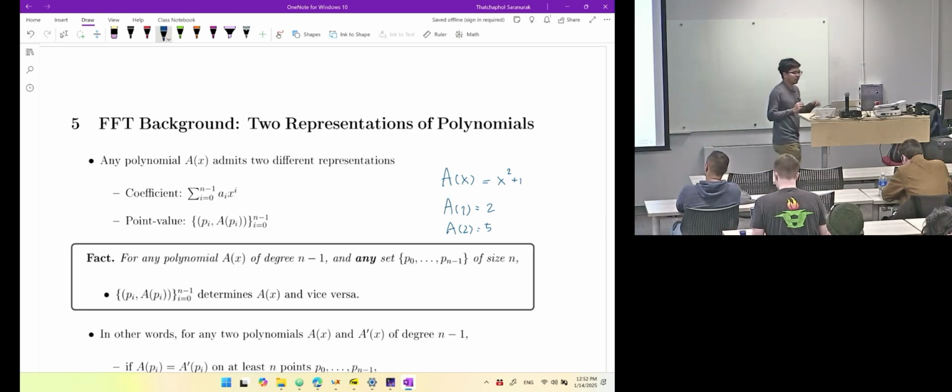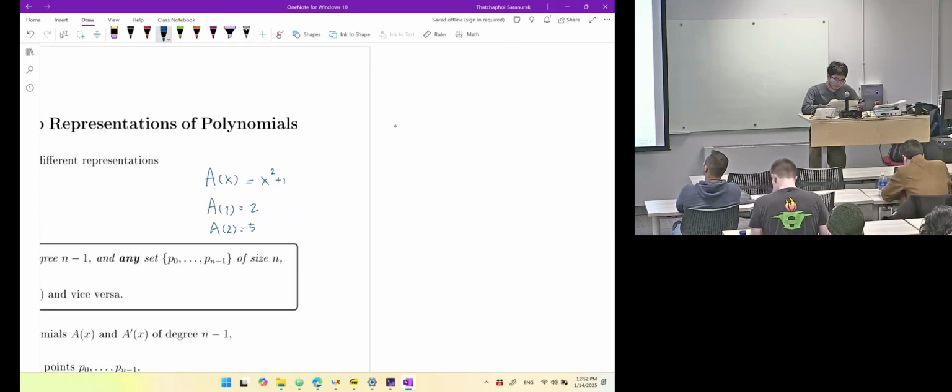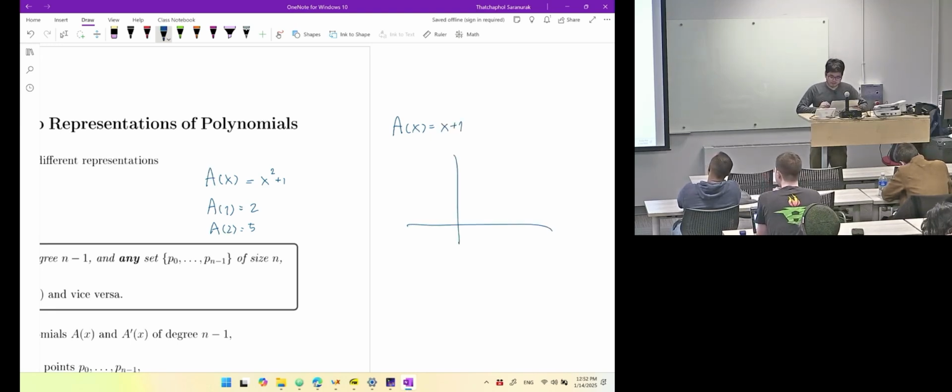Let's see one example. If a polynomial has degree 1, let's say it's x plus 1, the polynomial looks like this, right?